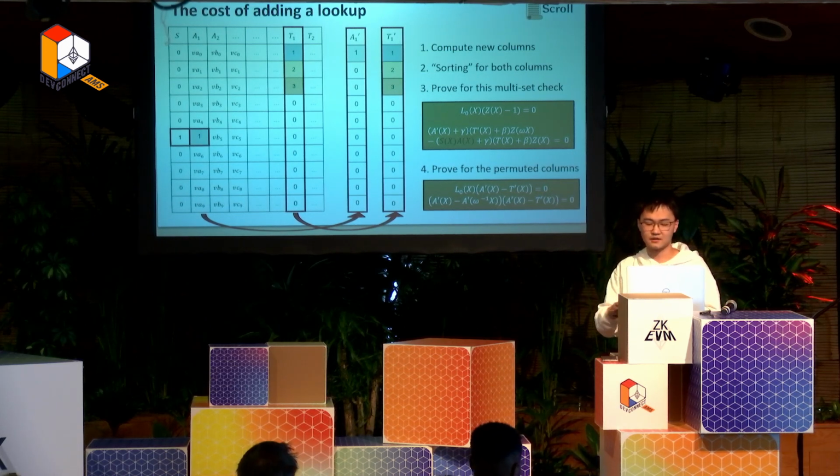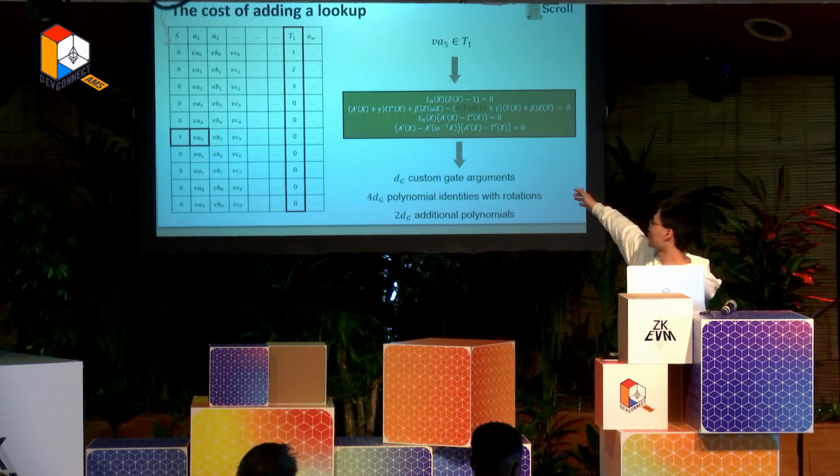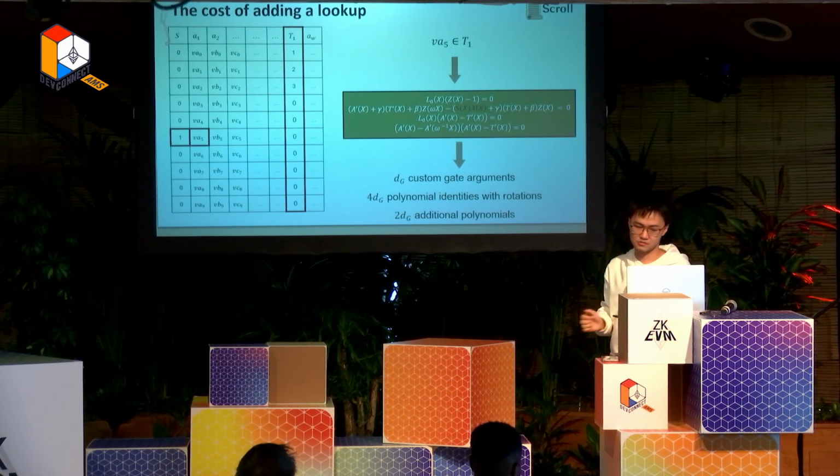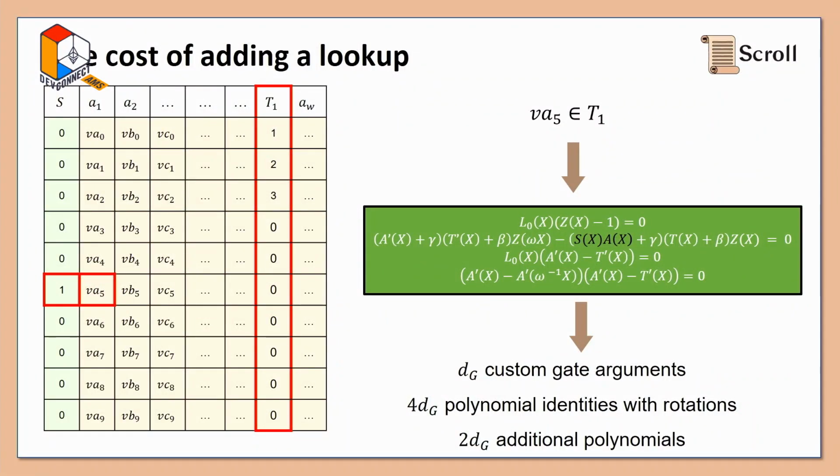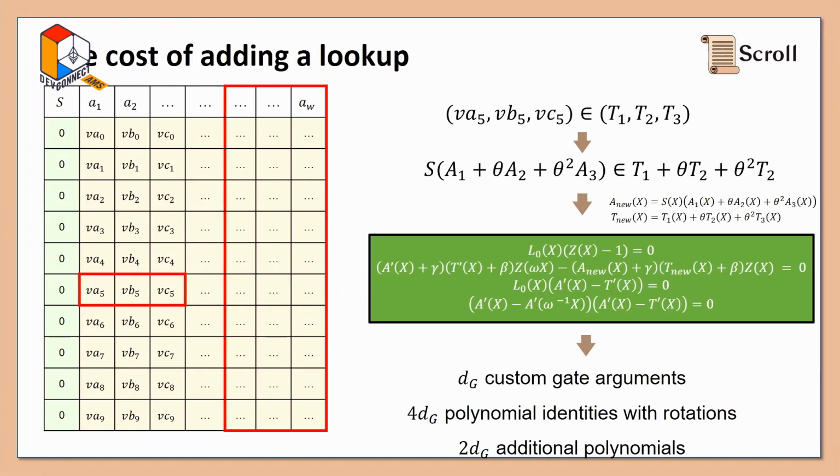And now, if you want to prove that some cell belongs to a table, you still need those constraints, 4 times. And even more flexible, if you want to look up a tuple, whether it belongs to some table or not, you just use some linear combination and multiply all those things. You need a selector to open at a certain point, and then you need those linear combinations and prove whether they belong to the polynomials combined from those tables or not.